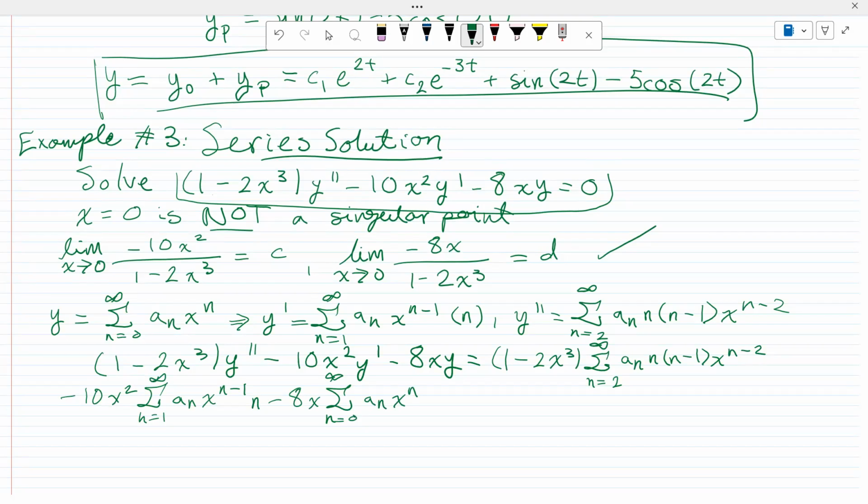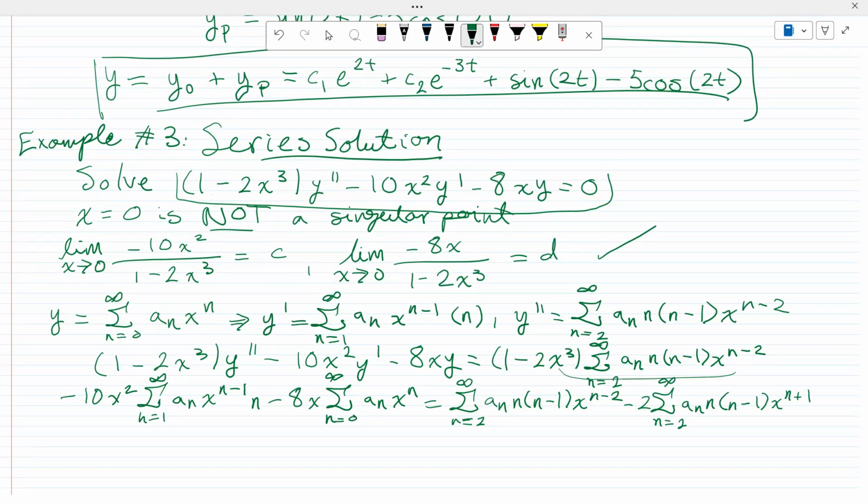And then we can expand everything as well to get series from n equals 2 to infinity of a n n n minus 1 x to the n minus 2 minus 2 series n equals 2 to infinity a n n n minus 1 x to the n plus 1, right?